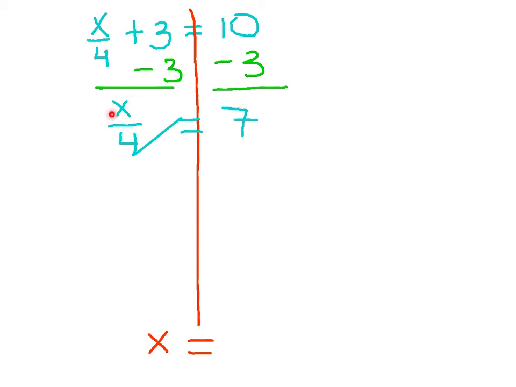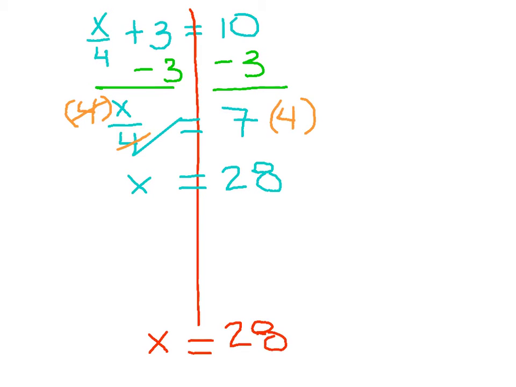So I'm dividing x by 4. To get rid of the 4, I'm going to multiply both sides of my equation by 4. Okay, when I do that, those cancel, and I am in fact left with x is equal to, and 7 times 4 is 28. So I end up with x is equal to 28.